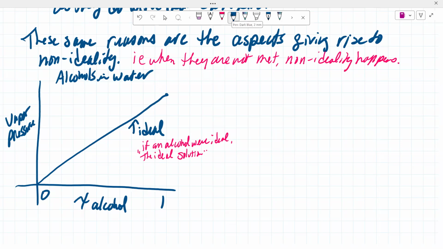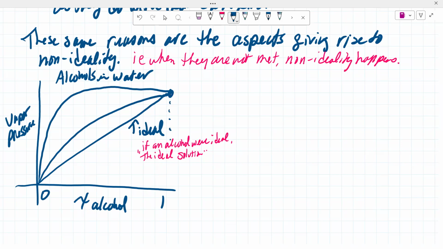Let's draw some curves here like this. Let me draw the most extreme one. It's like this. They all sort of end up at this end point, which comes down to 1.